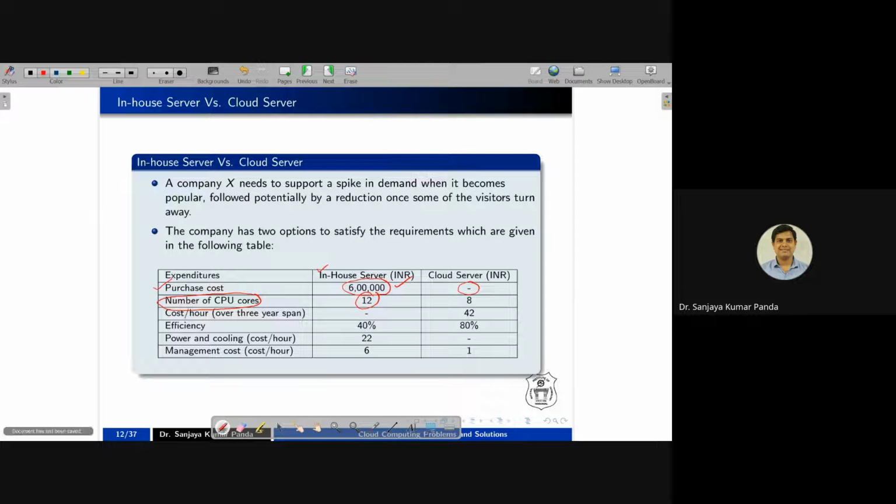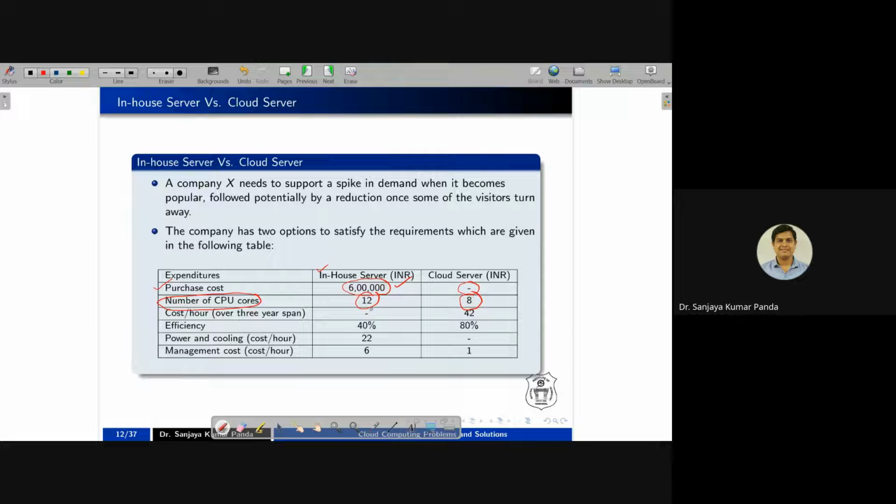Now, the number of CPU cores on this particular server is 12. If you have an i3 processor, you have 2 cores, or with a higher processor you have 4 cores, or some processors have 8 cores. Similarly, on this particular server the number of CPU cores is 12, right? On the other hand, if you go for cloud, the number of CPU cores given to you is 8.